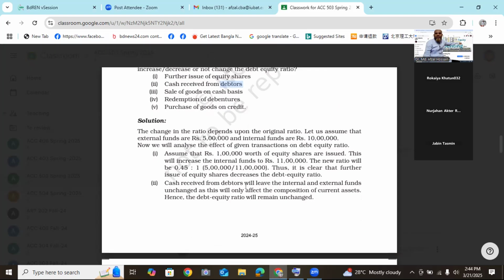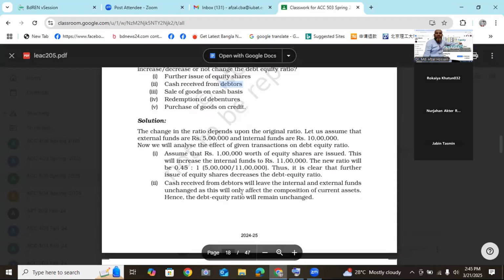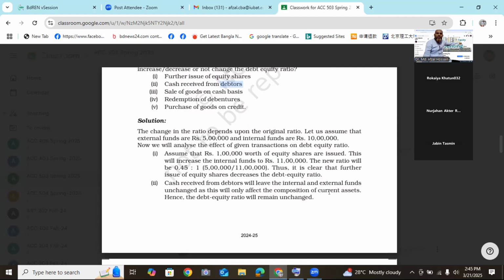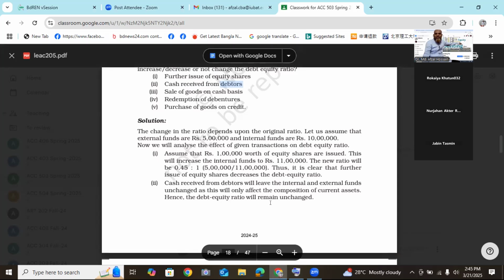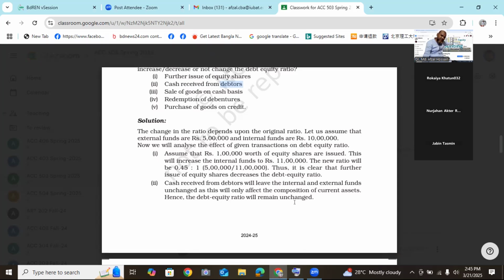Cash received from debtors will leave internal and external funds unchanged, as this will only affect the composition of current assets. Yes, if you receive cash, it increases your current asset. Hence, the debt equity ratio will remain unchanged.